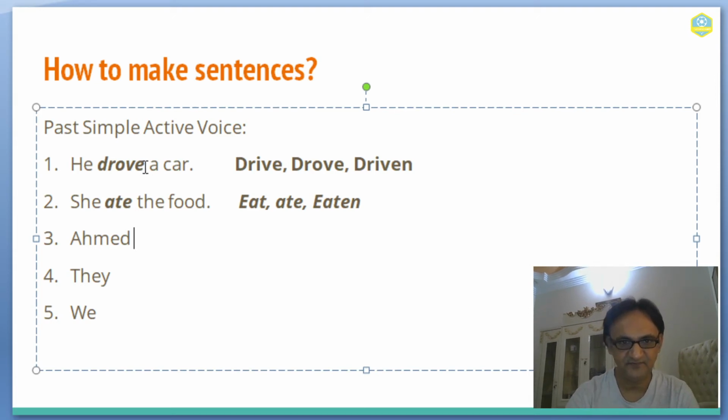Suppose this drove, you can change it if you want. Okay, he drove or he cleaned a car. She ate, you can change it here, lunch. She cooked the food, you can change it in a different way.